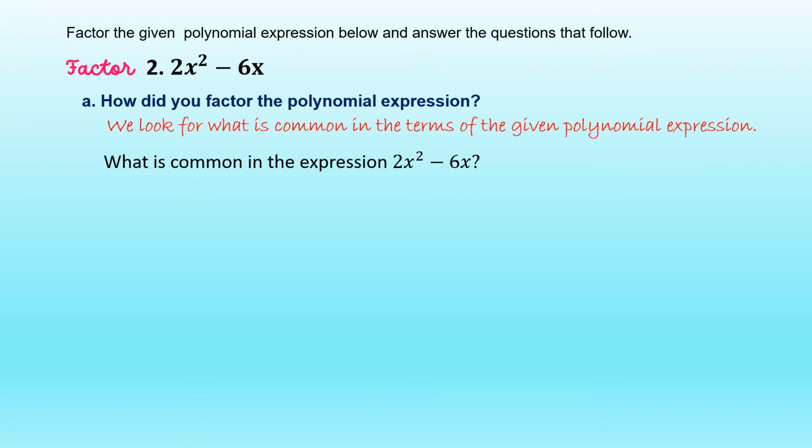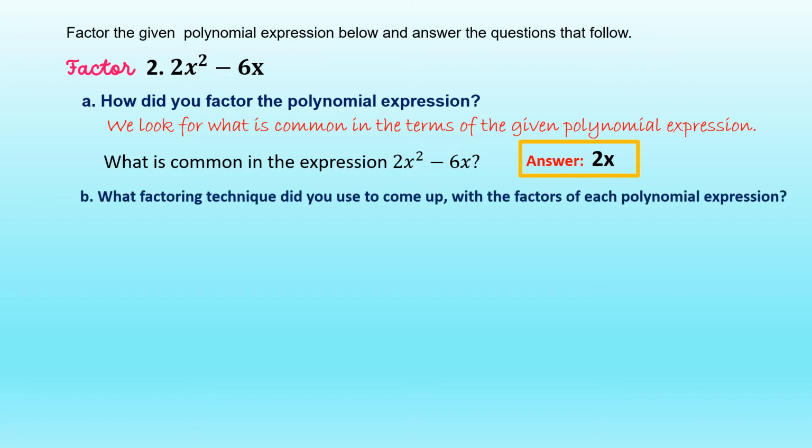We're going to look at it closely. 2x squared has x and 6x has x, so they have a common factor, which is x. And also, if we look at 2 and 6, 6 divided by 2 is 3. So our common factor is 2x.